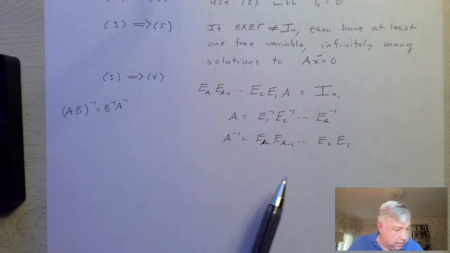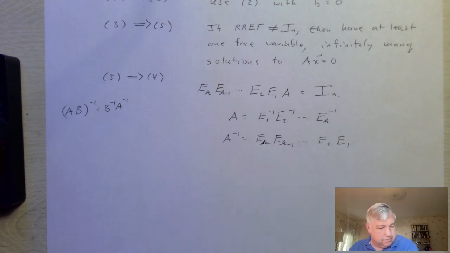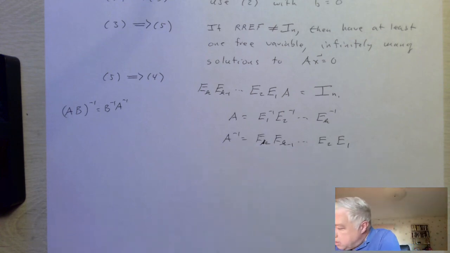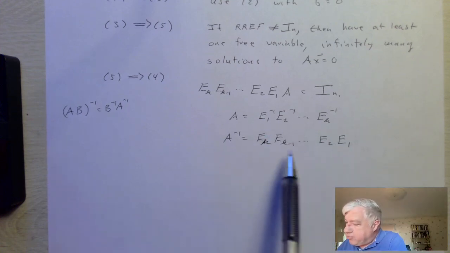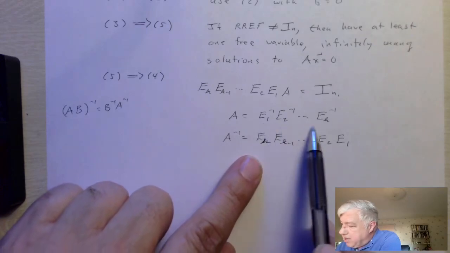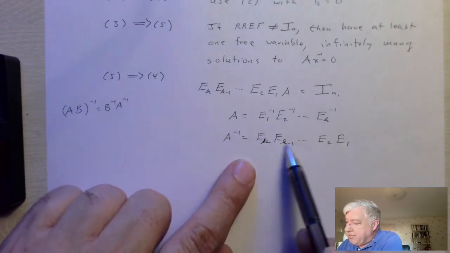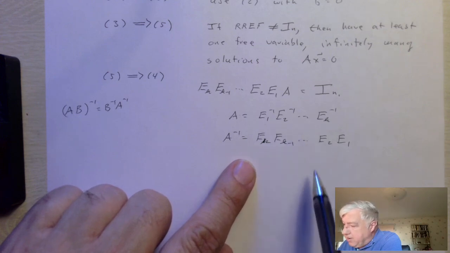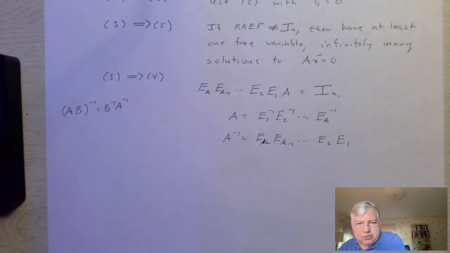And yes, that's correct, because if we multiply this and this together, we can see the Ek's cancel. If we multiply this times this, first the E1's cancel and everything else.